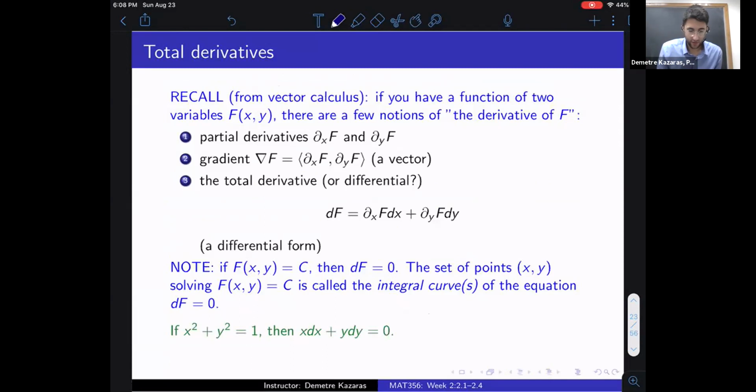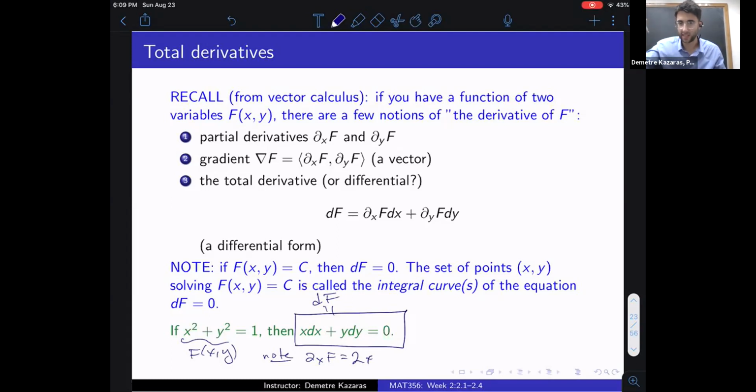So for instance, if you look at this differential equation, x dx plus y dy is equal to 0, this left-hand side will be equal to df, where f is equal to x squared plus y squared. To see that, just note, partial derivative with respect to x is just 2x, because y is thought of as constant, so its derivative with respect to x is 0, and the y derivative of f is equal to 2y.